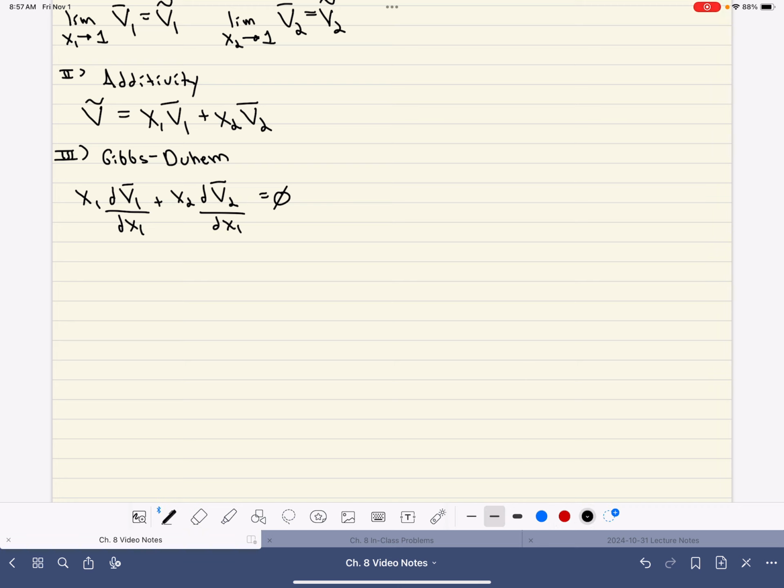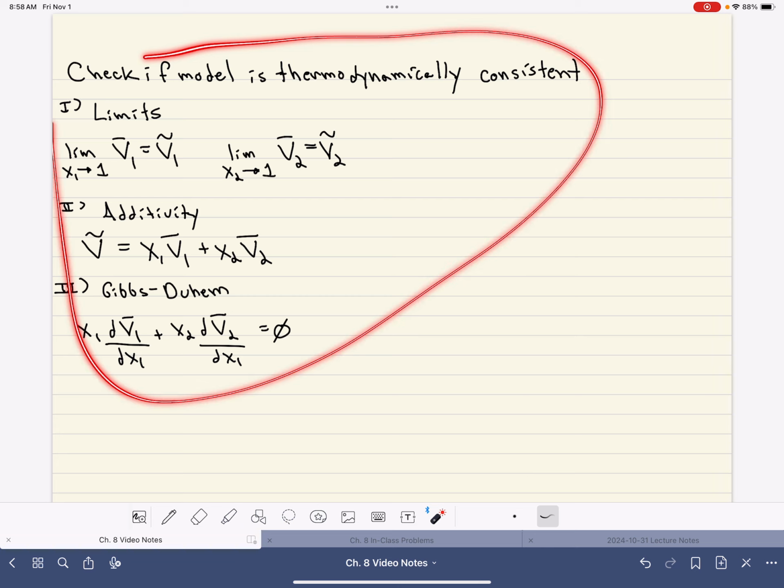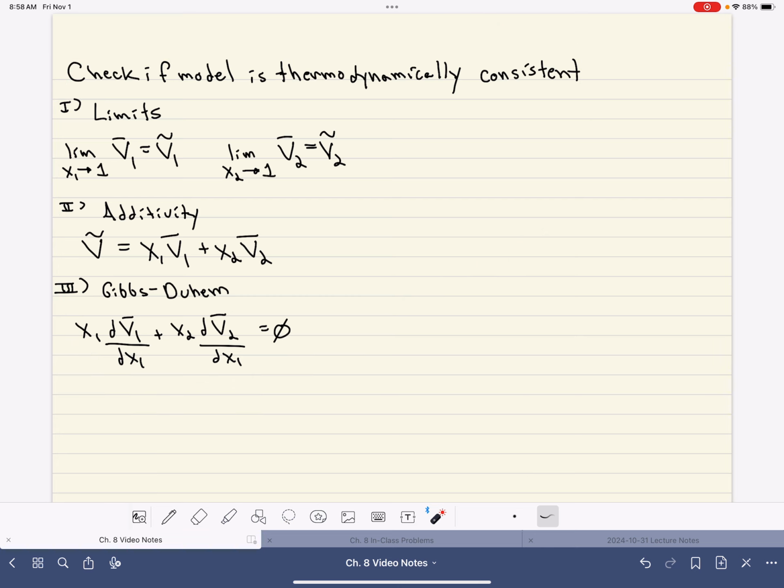Okay. All right, so you would plug in your V1 and V2 models into this expression, and then everything should cancel out to get you 0. So that would tell you that the models satisfy the Gibbs-Duhem relationship. Okay? And so, yeah, these three criteria are how you determine that your partial molar volume models are thermodynamically consistent.